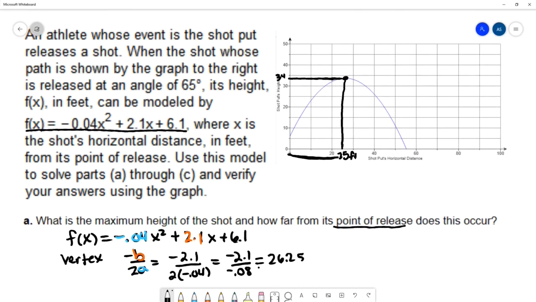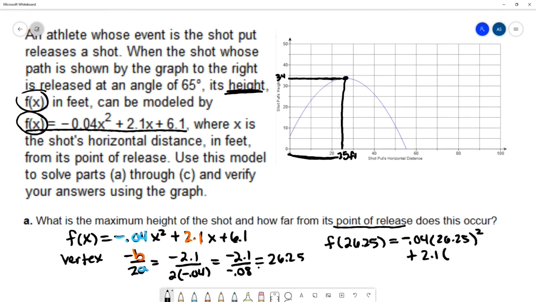And then to know the height, we can substitute into our function, since f represents the height. We substitute this 26.25 into our function to find what that maximum height is. So we want to do negative 0.04 times 26.25 squared plus 2.1 times 26.25 plus 6.1.